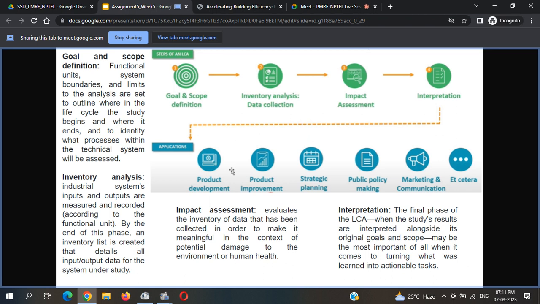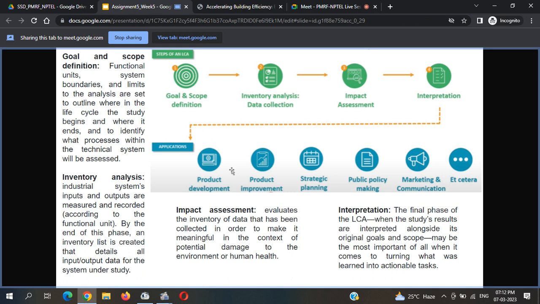based on your earlier defined scope and goals, what is most important for your product creation, and how you can reduce the impact. During goal definition and scope definition, you would have decided that you want to create a product which is green, which is sustainable, or such things. So at the end of your impact assessment, you can see what steps you can take so that your product is sustainable.